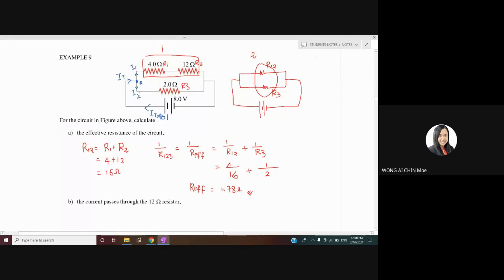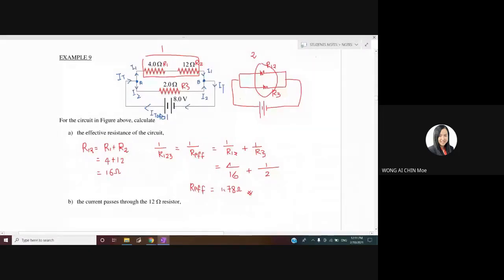So I1 will pass through 4 ohm, 12 ohm, and then come back to junction B. Similar for I2. I2 will flow through 2 ohm and then come back to junction B. And then when it comes to junction B, it will combine back, become I total, and then go back to our negative terminal.